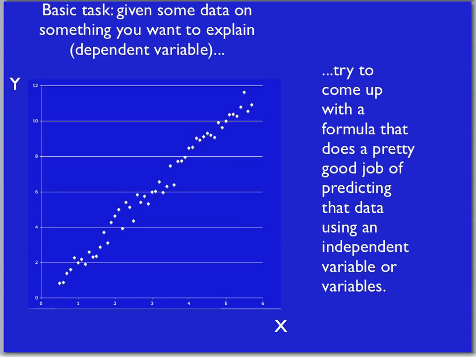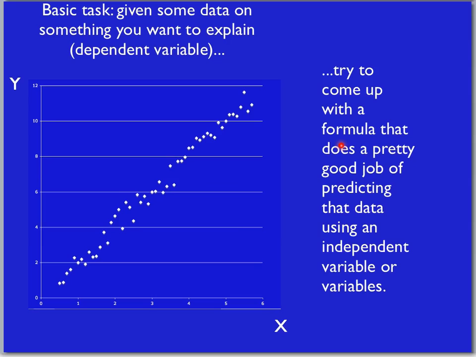So what is it that a statistical analysis does? What a statistical analysis does is it says, given some data on something you want to explain, so your dependent variable, try to come up with a formula that does a pretty good job of predicting that data using an independent variable or variables.